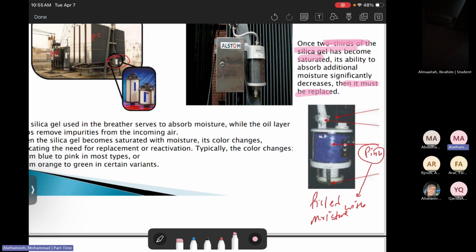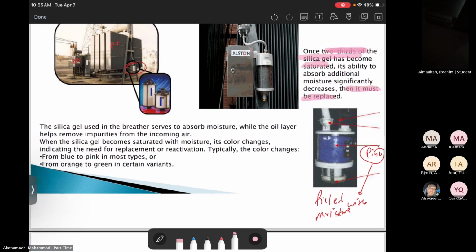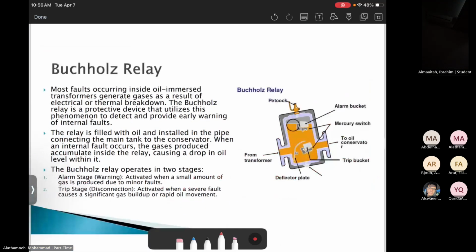We need regular maintenance or a regular checkup, and if 2/3 of that container is pink, we need to replace it. In some situations it turns from orange to green, but the vast majority that we are using in Jordan go from blue to pink. Blue, we are safe. Pink, no, we are in danger. 2/3 pink, then replace it.